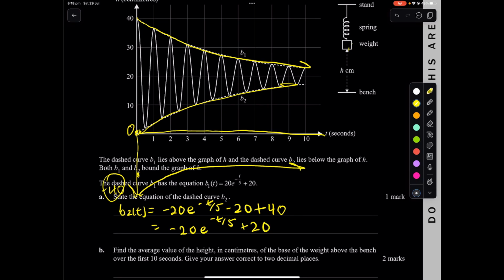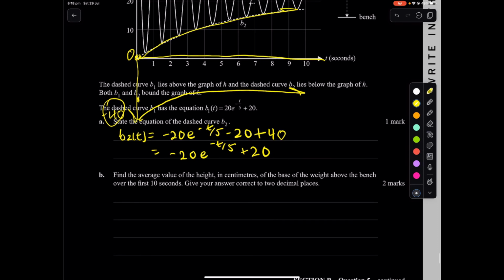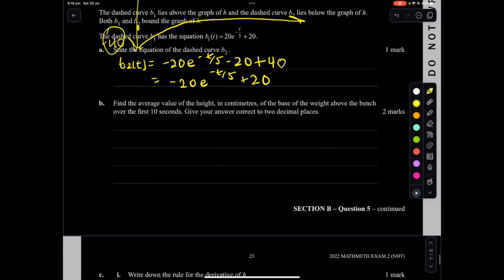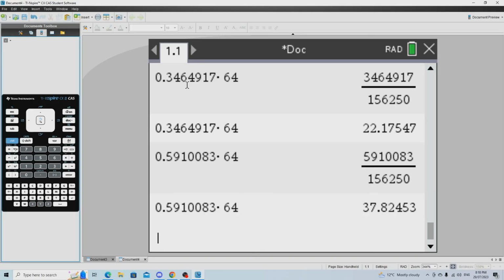Okay, next is find the average value of the height in centimeters of the base of the weight above the bench over the 10 seconds. So easy. The average value is 1/10 integral from 0 to 10 of the height, h(t) dt. So let's define h.